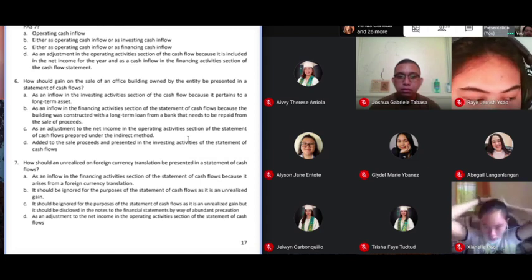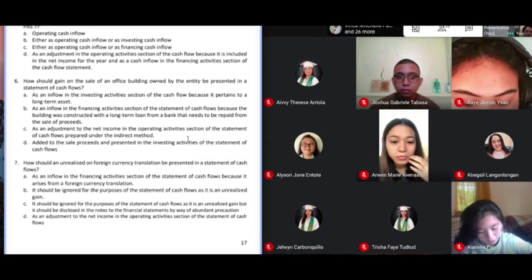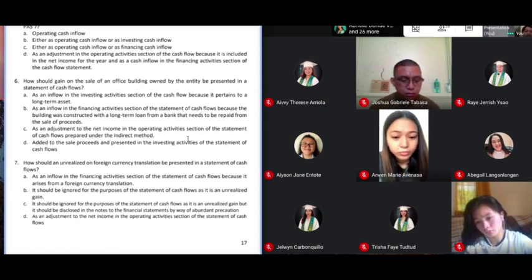If you're using the indirect method, you start with the net income, but you should understand that your net income is not composed only of inflows and outflows. It involves accrued income and accrued expenses because again, we follow full accrual in the preparation of your financial statements.